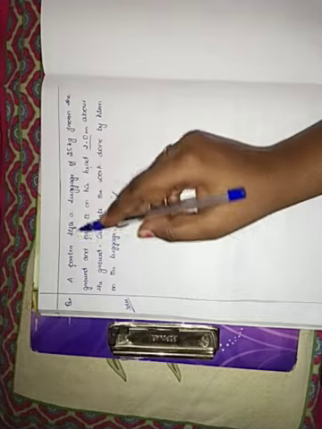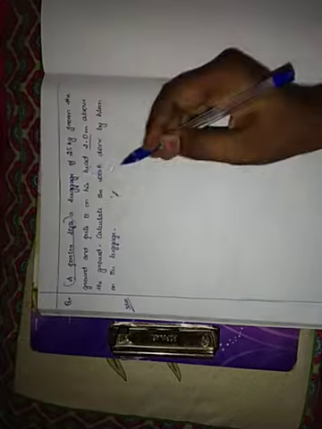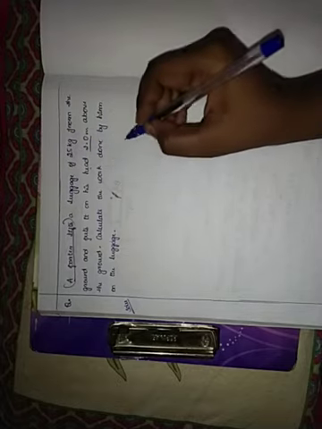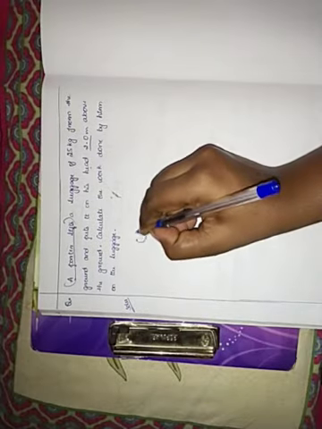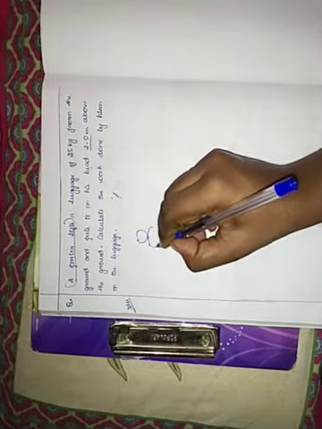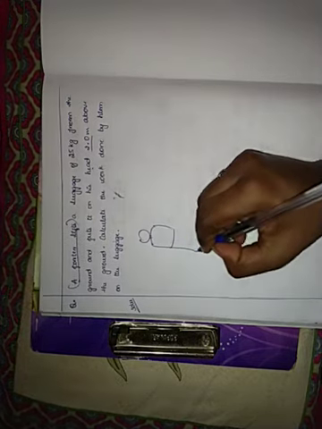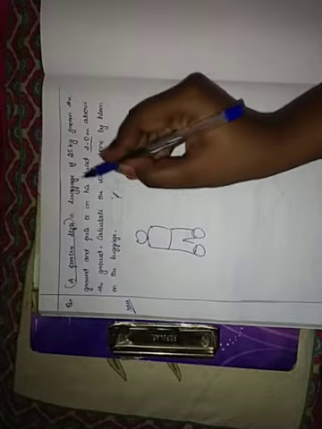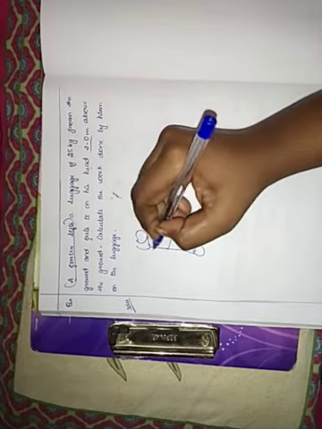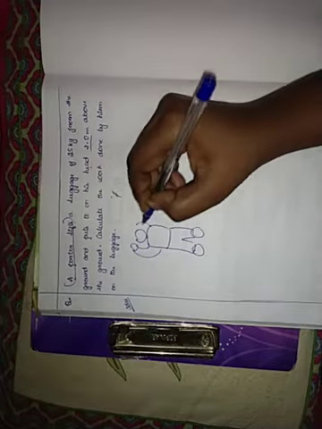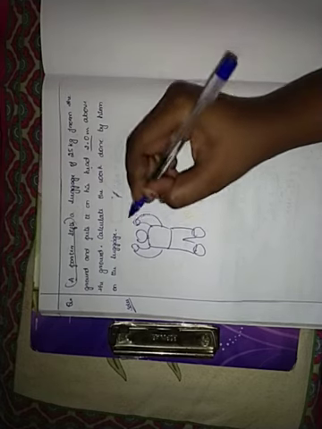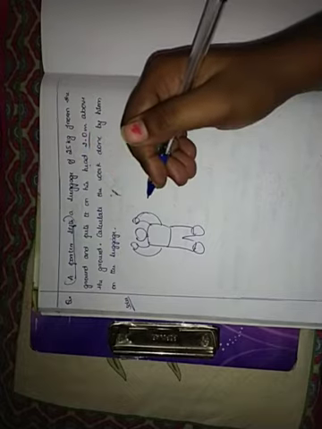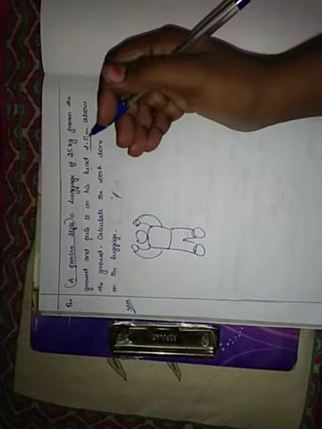So let's take this as a porter. Even when you students are learning, try to learn with diagrams so that it will be easy for you to understand the concept or to solve the problems.